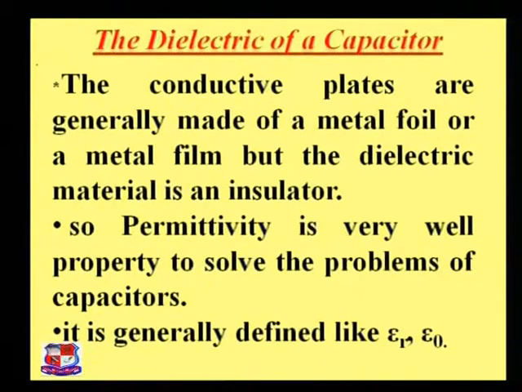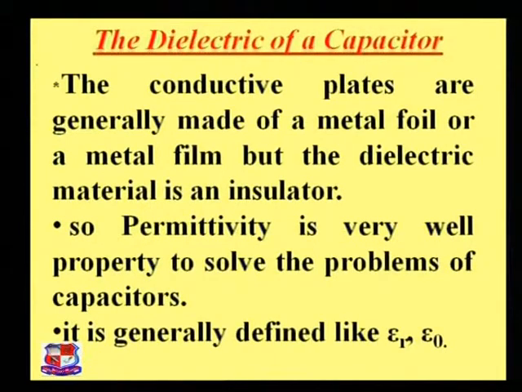As we all know, without applying any external electrical energy, the current cannot flow from plate 1 to plate 2. So the permittivity is a very useful property to solve the problems of the capacitor, and it is generally defined as epsilon R epsilon 0.